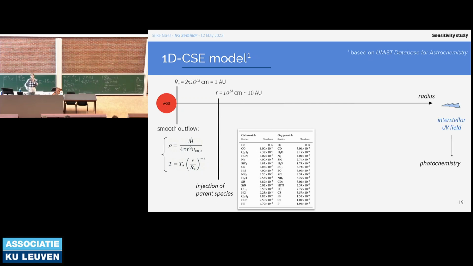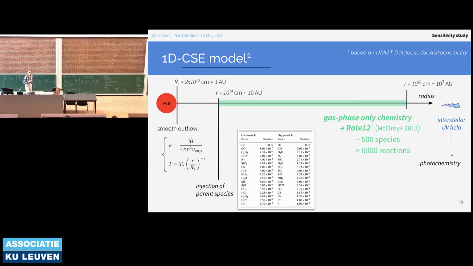It is because outside of the HB outflow, there's still the interstellar medium, and there is a lot of UV radiation present. So it's actually the UV radiation that will penetrate the wind from the outside and will cause the parent species to photodissociate. And the daughter species that are created in the process will start to react with each other, and a whole bunch of chemistry happens.